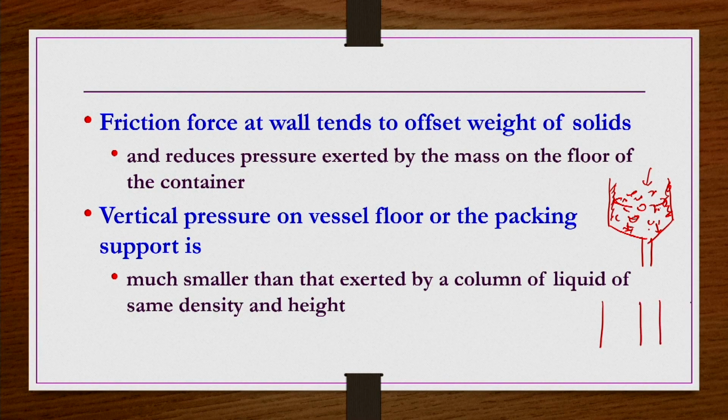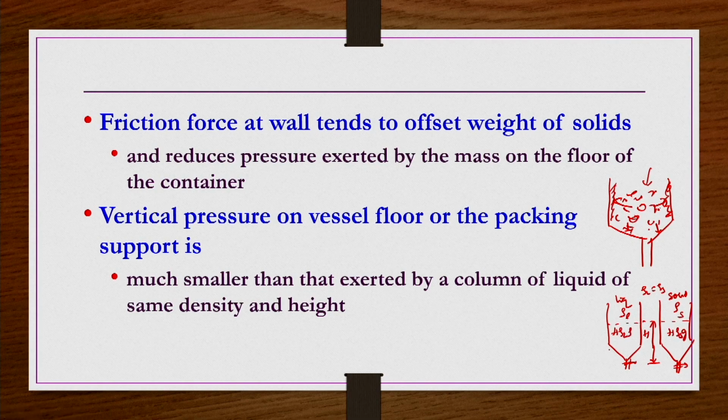So you have the same containers like this, right? Here you have taken liquid, here you have taken solid, but the density is the same. You have taken them up to the same height h. So here rho L, rho S, and rho L is equal to rho S. So h rho L g, h rho S g.